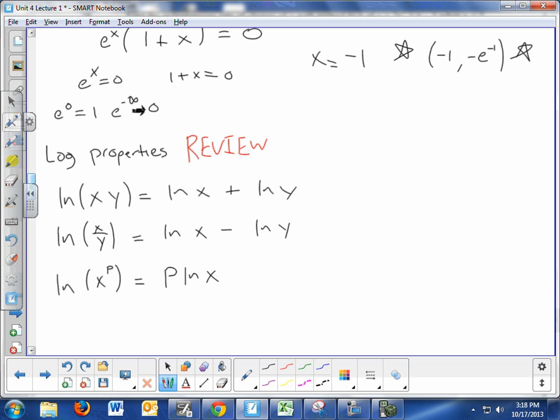A couple other ones you should know. If I'm taking the natural log of e to the x, the x can go down in front. The natural log of e is just 1, so this is just x.